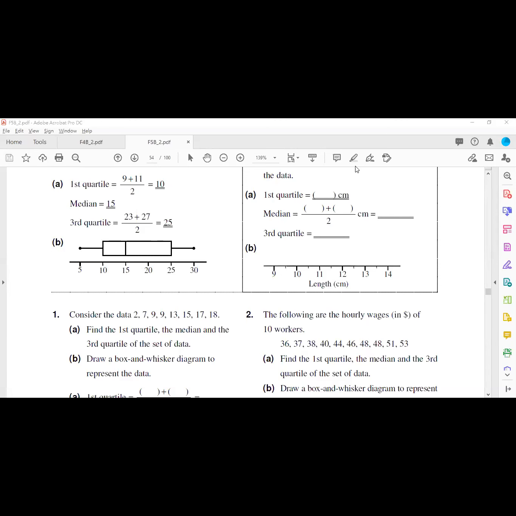Classwork. This is MathBook, page 54. Instant practice 1, and then question number 1 and number 2. And I would like to give you 6 minutes to do this. So it is now 2:57.